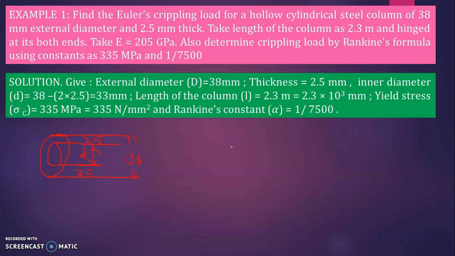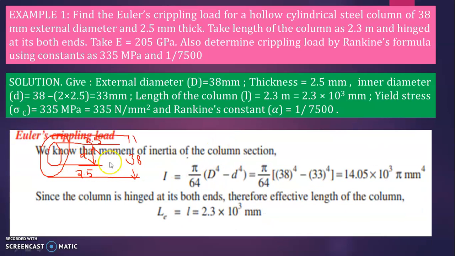Now you have to calculate both Euler's crippling load and Rankine's crippling load. First let us calculate Euler's crippling load. The formula is PE is equal to pi square EI divided by LE square. Here I is not given, so you have to calculate I. This is a hollow cylindrical column, so I is pi divided by 64 into capital D raised to 4 minus small d raised to 4.